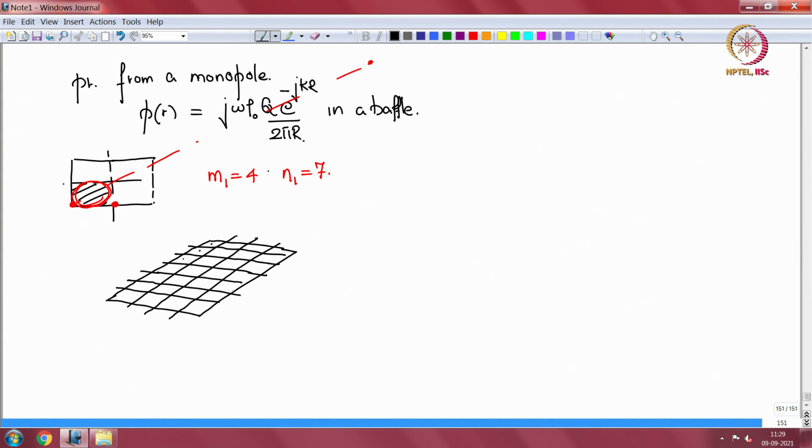Let us say I am looking at a receiver point somewhere here, far away of course. This is my x, that is my y. This is a, this is 2a, and somewhere I have ma. And this is my z axis.